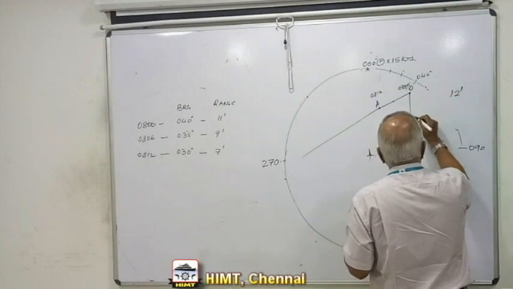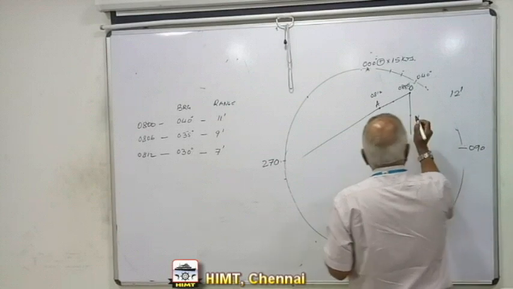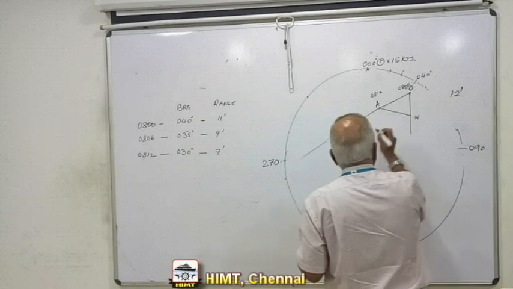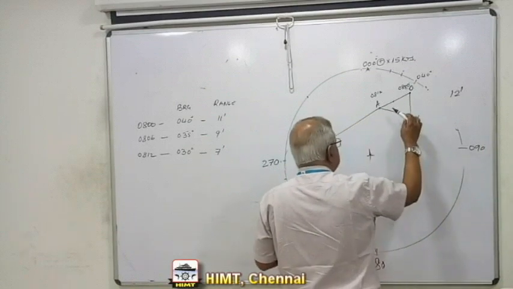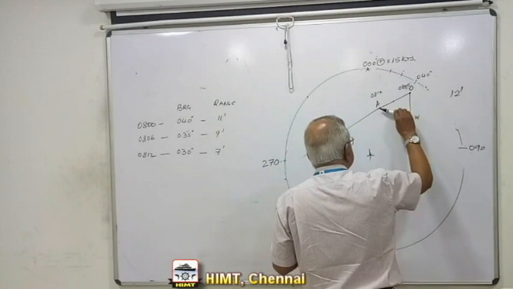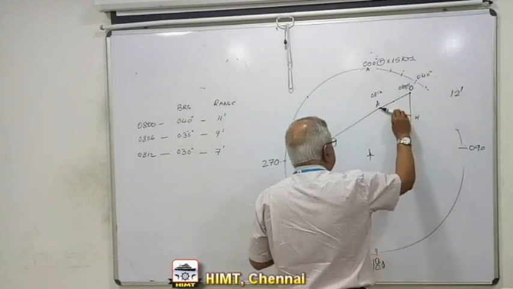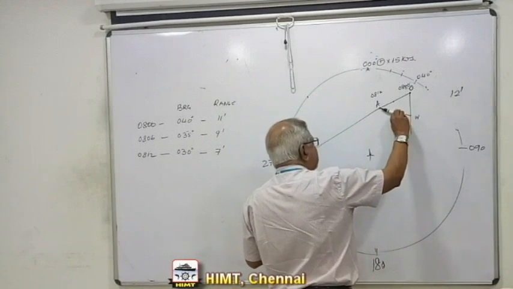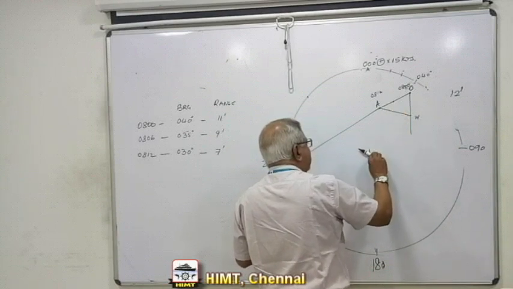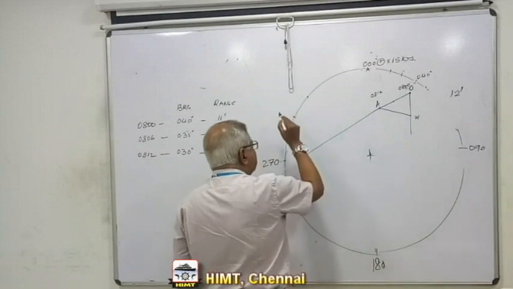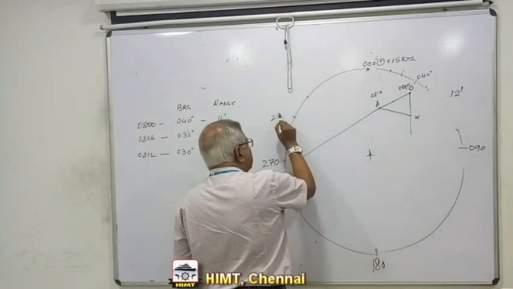This you have to name. This is W. Thereafter, you join WA. What is WA? Target course and speed. Once you join this WA, do not remove your paddle ruler, shift it, bring it here and read off the course, let us say 290.